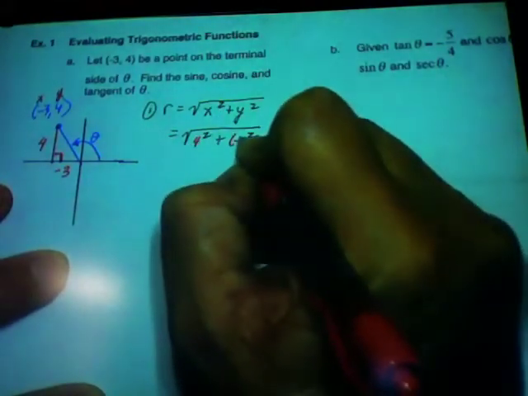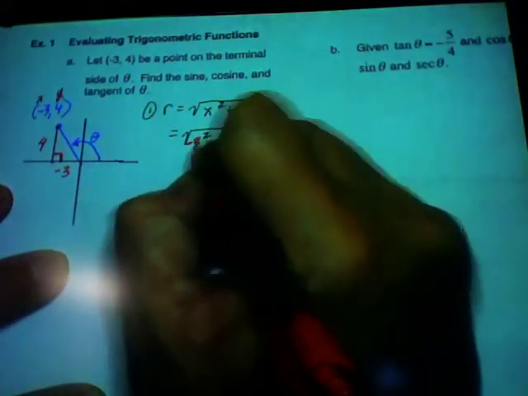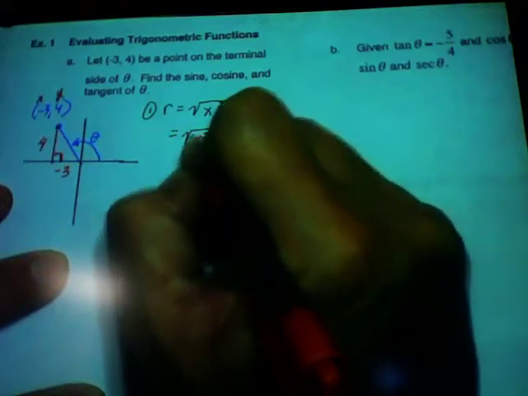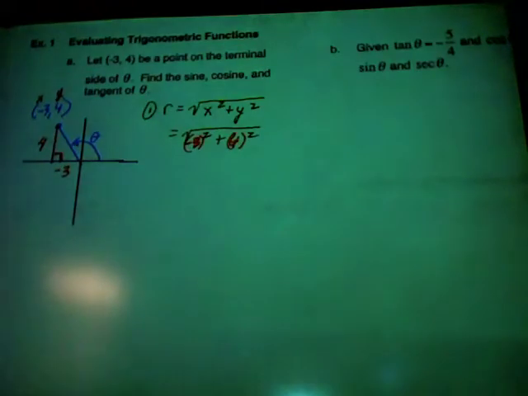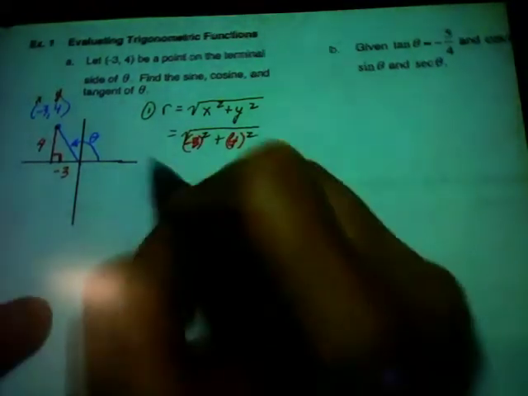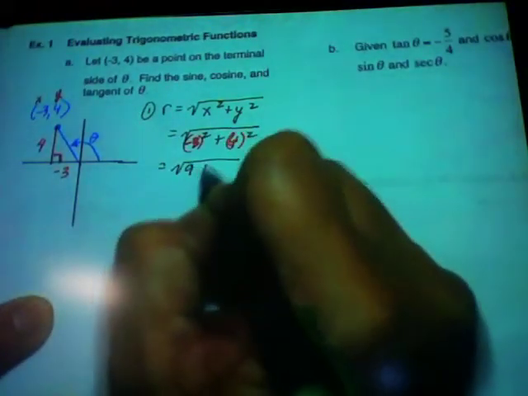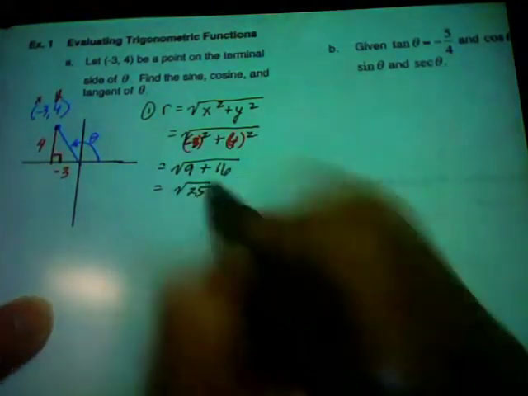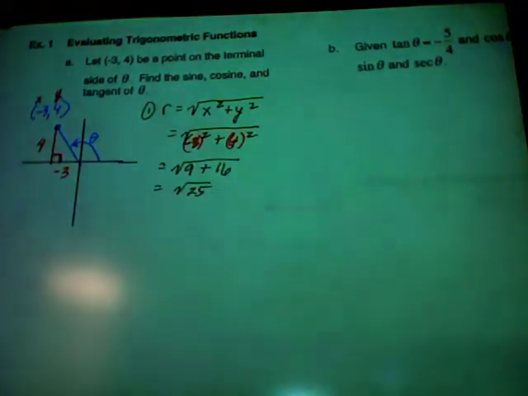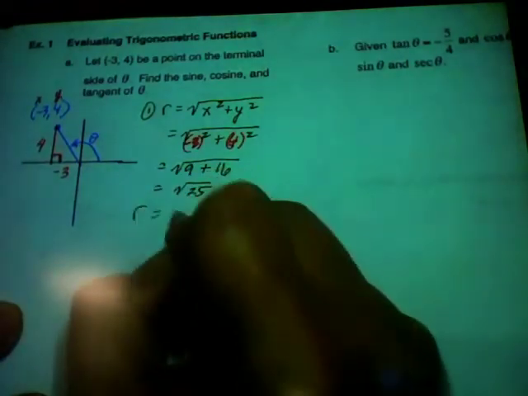So I'm going to square -3 and 4, oops, I put them backwards now. Doesn't really matter, does it? So I get 9 plus 16, square root of that, square root of 25 is what? 5. So r is equal to 5.